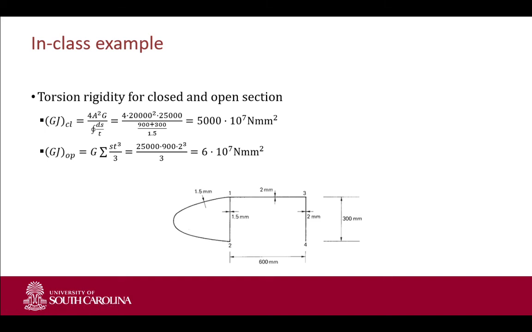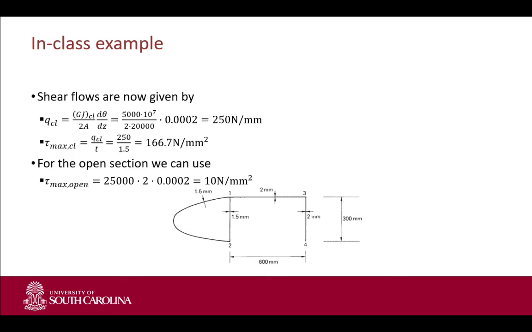Now we can compare the torsion rigidity. If we compare the two, it's almost a factor of 1,000 difference. So if we calculate the shear flows, we can more or less ignore the torsion rigidity of the open section. In the closed section, you would say this will be 5,006, but because it's so small, you can basically ignore it.